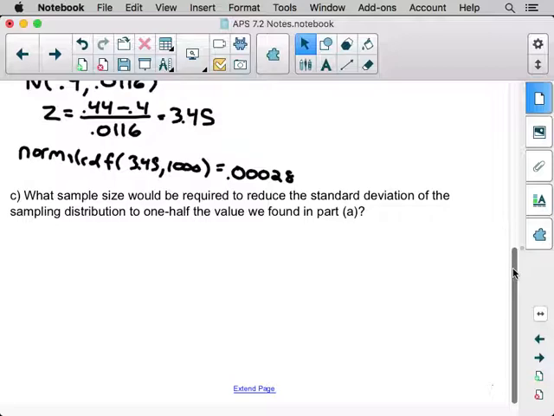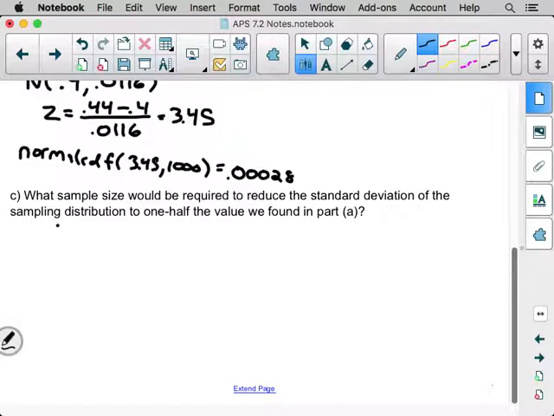So if we want to cut it down by half, how much bigger of a sample size do we need? 4 times as big, because that 4 going into the square root would reduce it by half. So the sample size we need would have to be 4 times bigger in order to cut the standard deviation down by half. So 7,140.